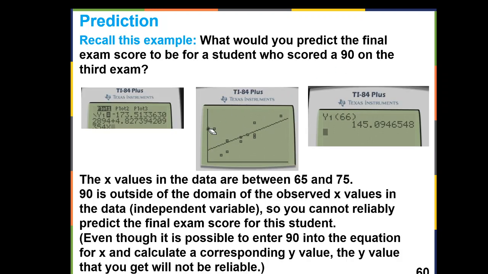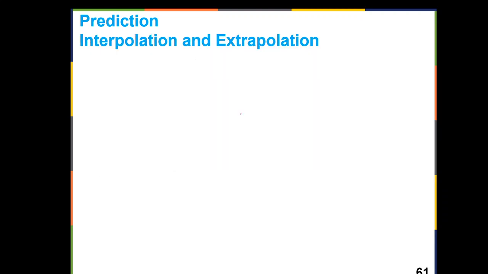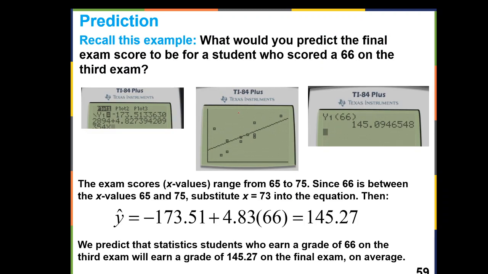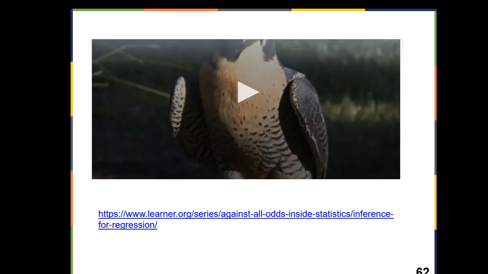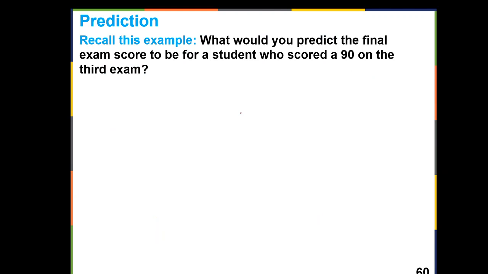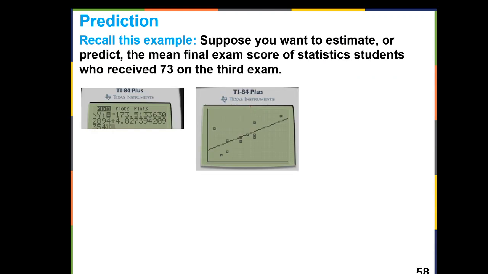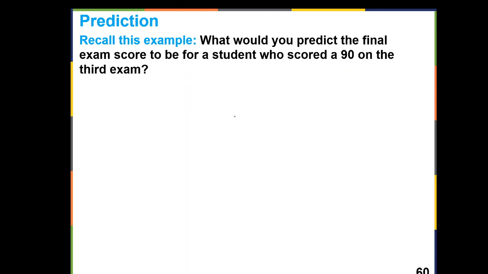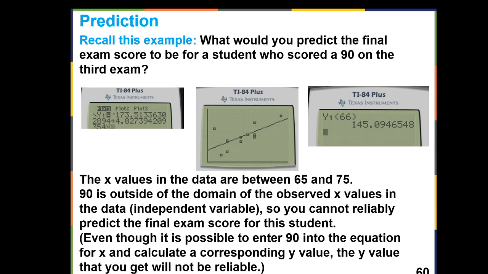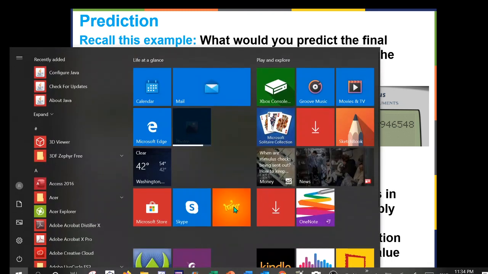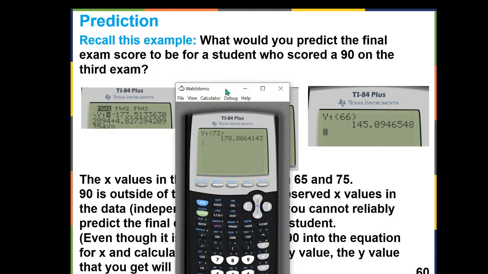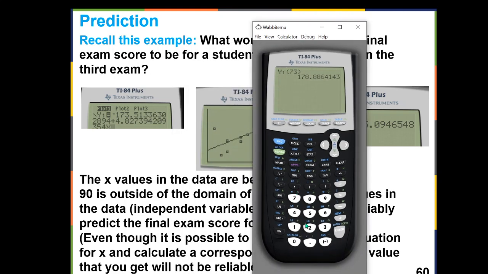Well, the data that we have, the data points that we have, let me show you. Let me get the calculator and look at the data range that we have.